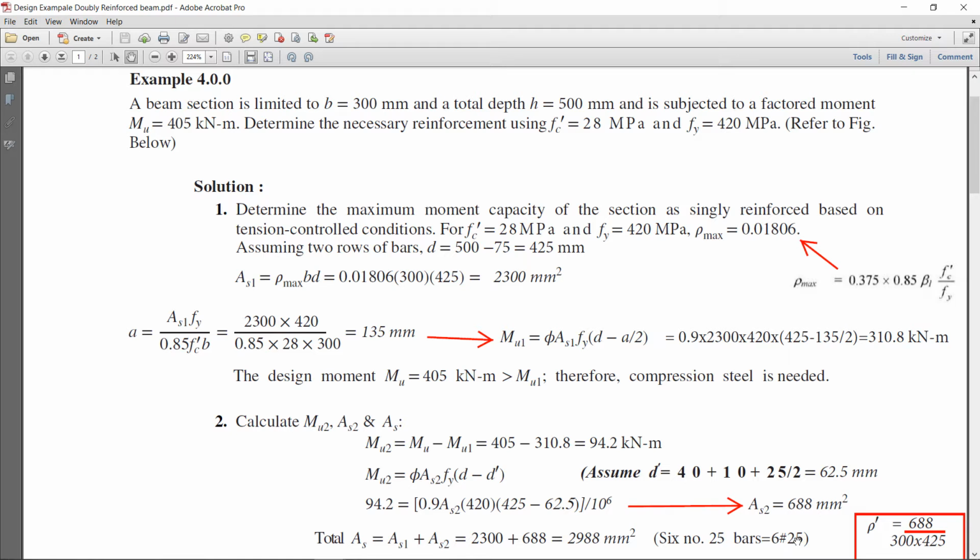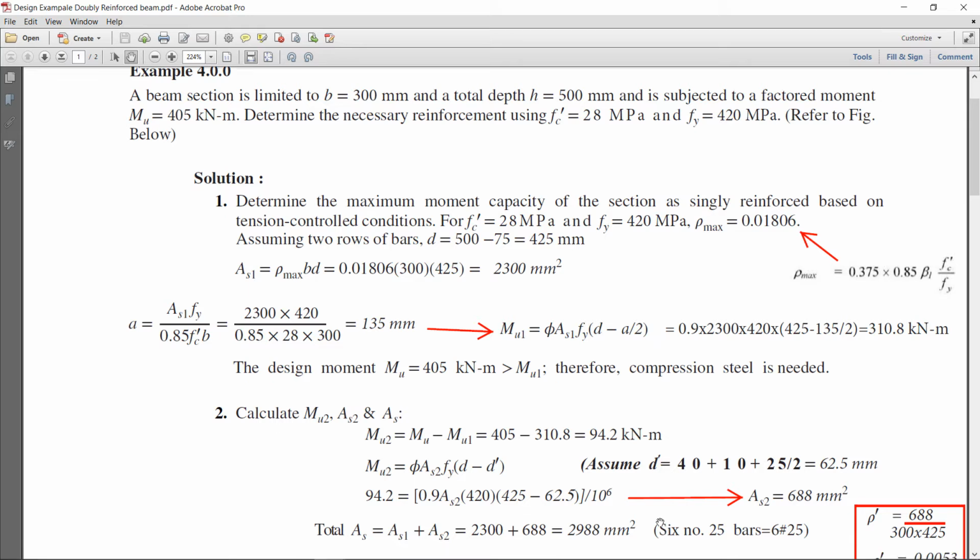One bar of 25 millimeter diameter is 510 millimeter square. For 6 bars that will be 3060 millimeter square. So the total area of steel provided is 6 number 25 bars. Up to here, the design is completed if our compression steel yields.